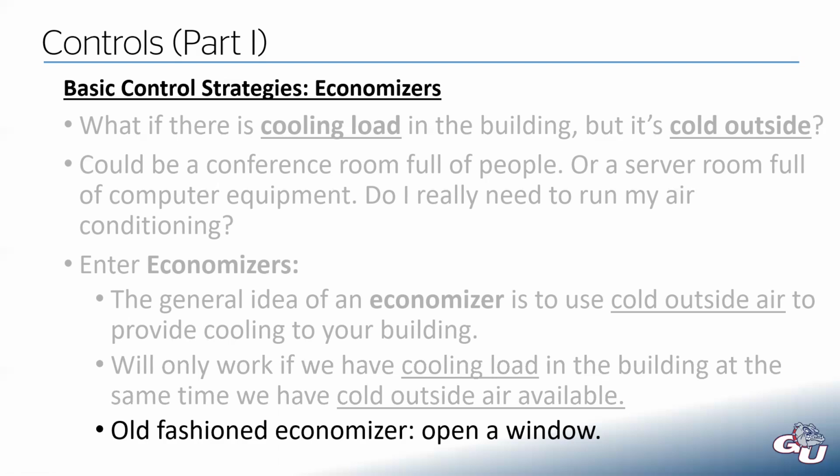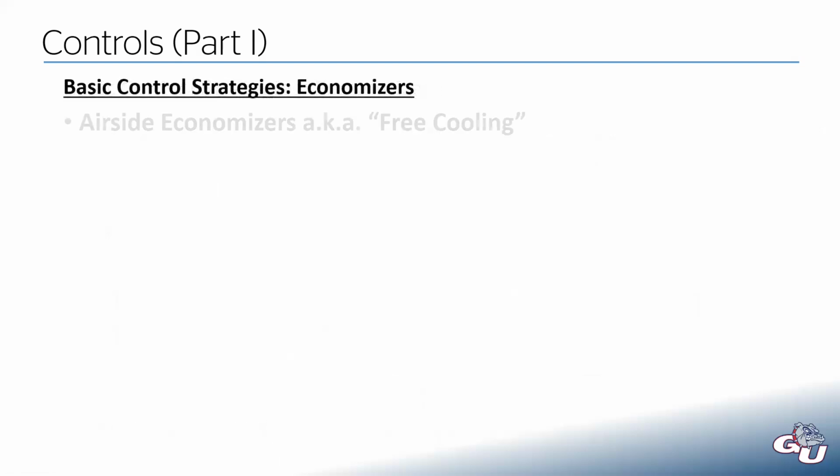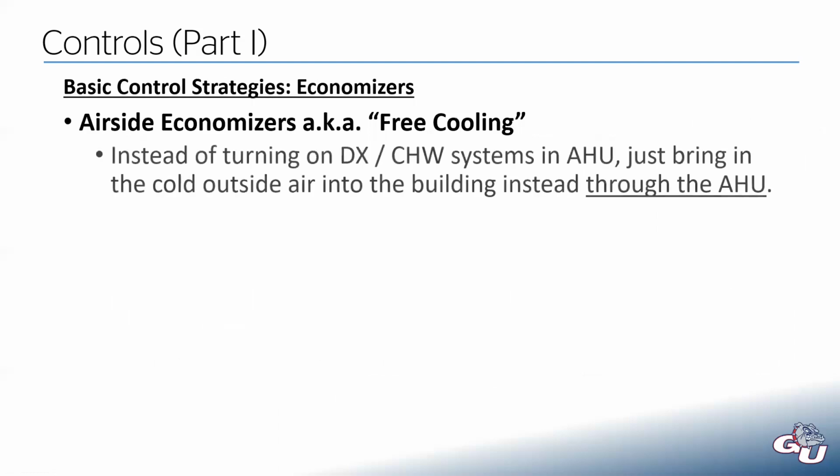Although nowadays, economizers are more integrated into the HVAC system. We have airside economizers, which is also known as free cooling. So instead of turning on our DX or our chilled water systems at the air handling unit, just bring in the cold outside air through the air handling unit.